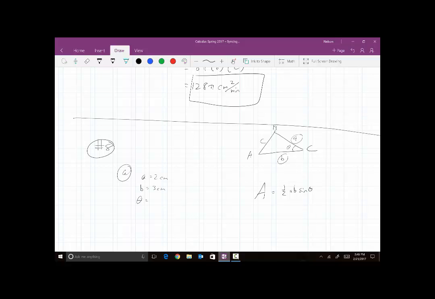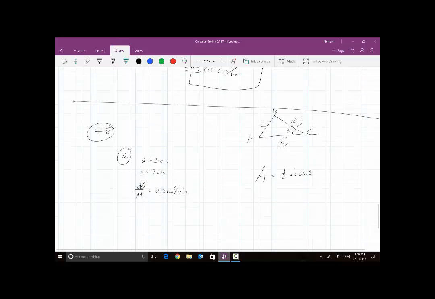And theta is increasing, so theta is changing, at a rate of 0.2 radians per minute. So that means dθ/dt is 0.2 radians per minute. Then it says how fast is the area increasing, so it wants to know dA/dt.